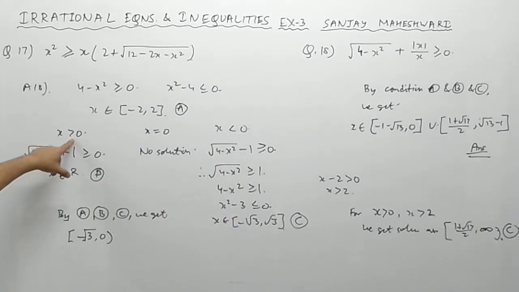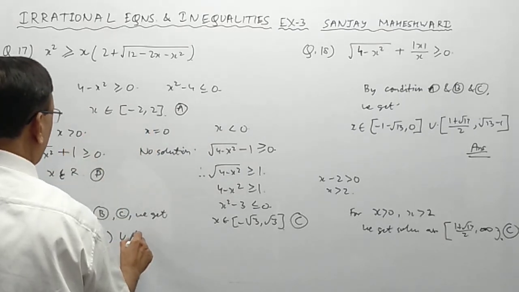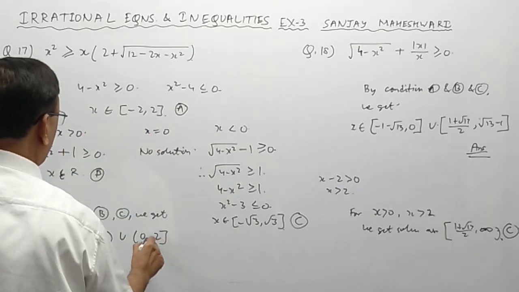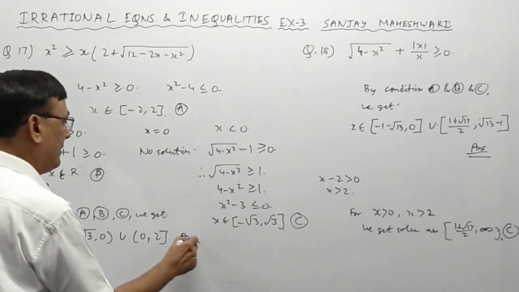For x greater than 0 the condition is fully valid up to 2. So union 0 to 2, closed. So this is the final solution: x belongs to minus root 3 closed to 0 open, union 0 open to 2 closed. This is the final answer.